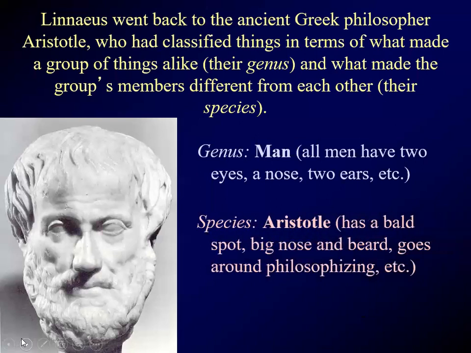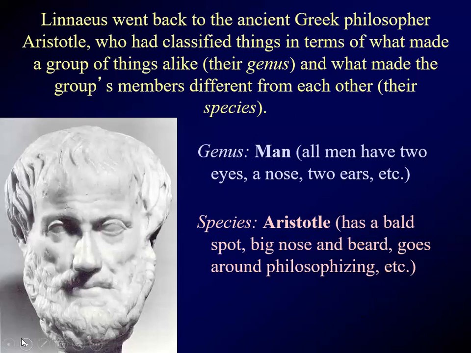What makes Aristotle different from the others is he's got a bald spot, he's got a comb over, he's got a big nose, he's got a beard, he goes around philosophizing. He used to be Alexander the Great's tutor before Alexander the Great decided that conquering the world was better than studying it. So Aristotle has all these things that make him a specific member of the generic group humanity, or man, as you like.